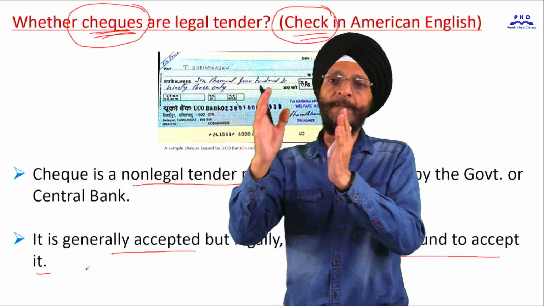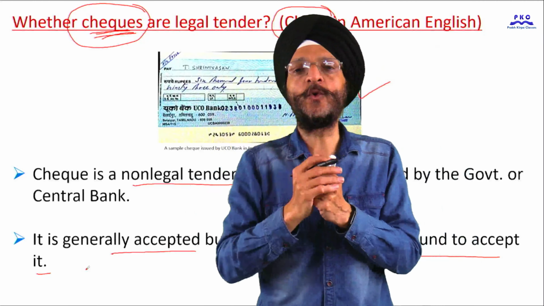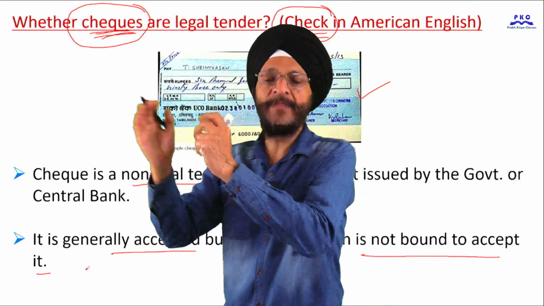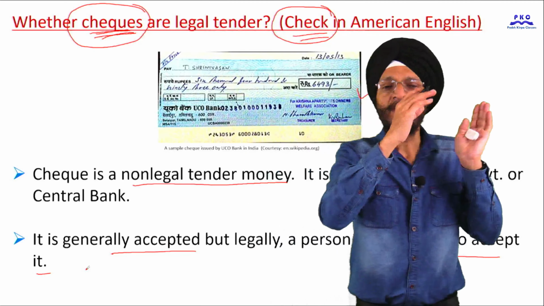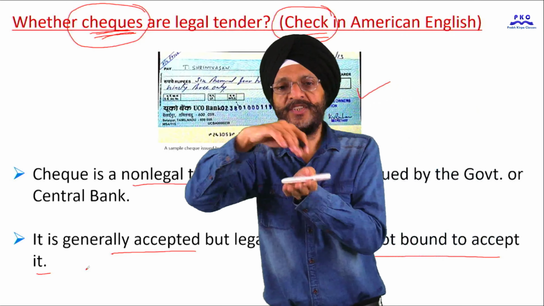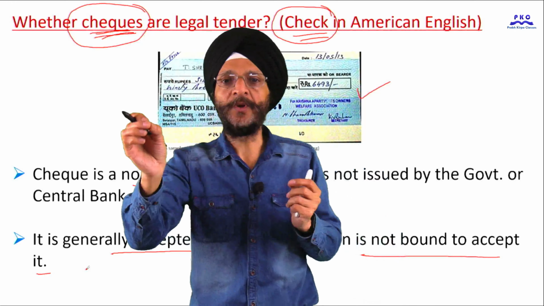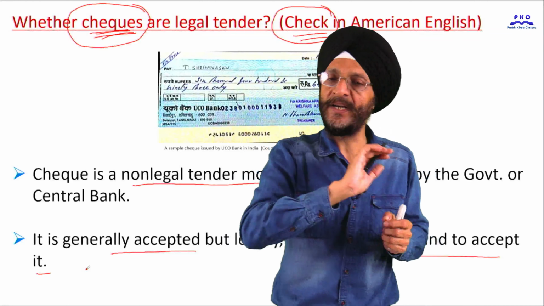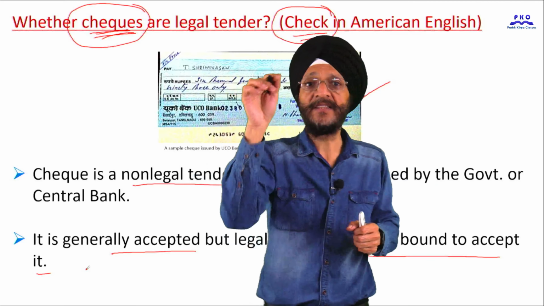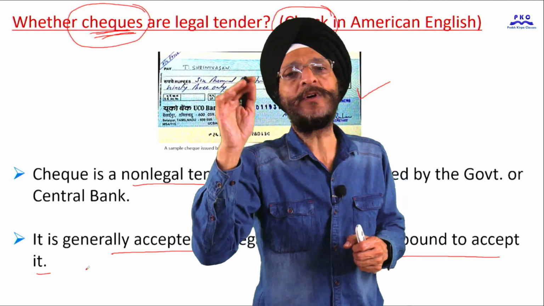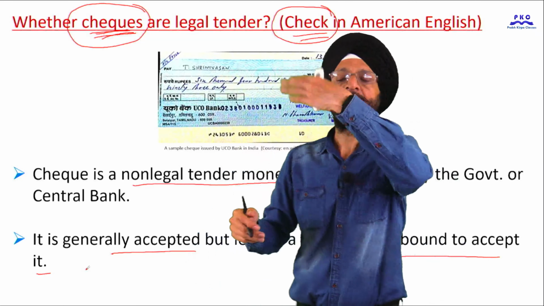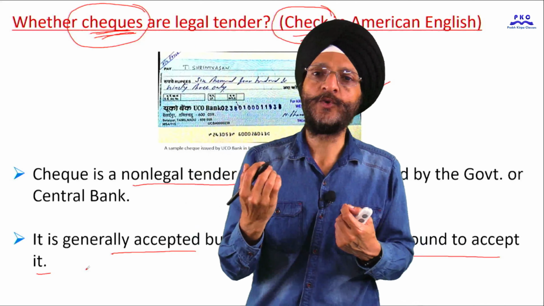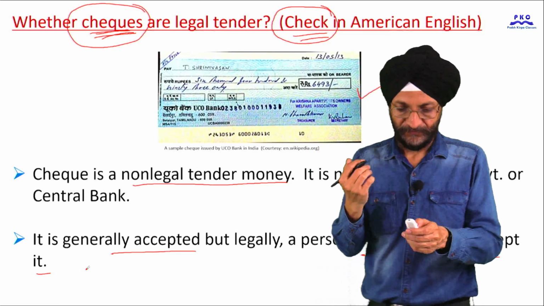However, if you make the payment in currency notes or coins, which, as already discussed, are also a limited legal tender, for example in India in currency notes of rupees, a 500 rupee note or 200 rupee note, then that person cannot refuse to accept the same. But if you make the payment by check, that person may or may not accept the same. If you have a relationship with that car dealer, it may be possible that the car dealer or the jewelry showroom may accept the check.